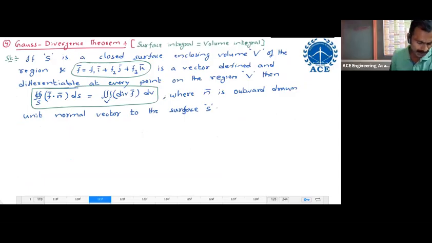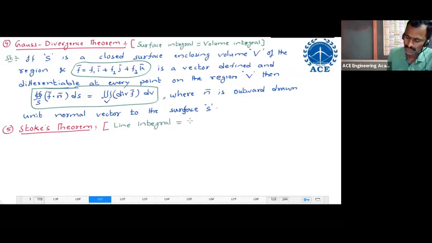Next, theorem number 5, Stokes theorem. This theorem converts a line integral to a surface integral, or a surface integral to a line integral.